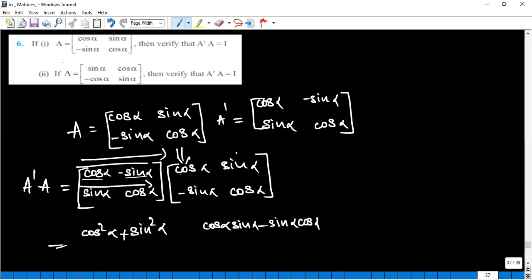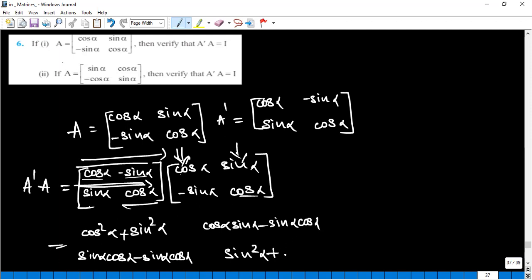Second row, first column: sin alpha into cos alpha is sin alpha cos alpha minus sin alpha cos alpha. Second row, second column: sin alpha into sin alpha is sin square alpha, cos alpha into cos alpha is cos square alpha.